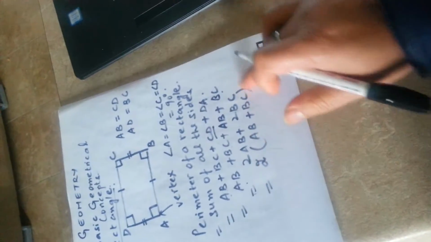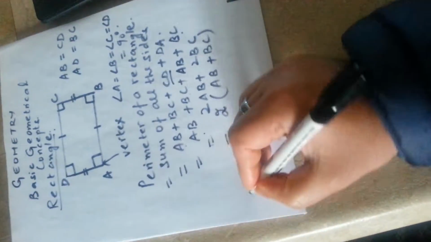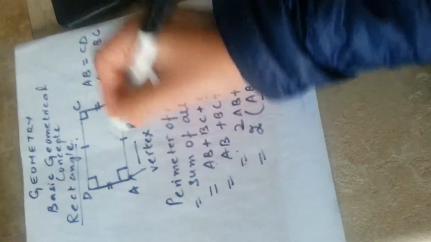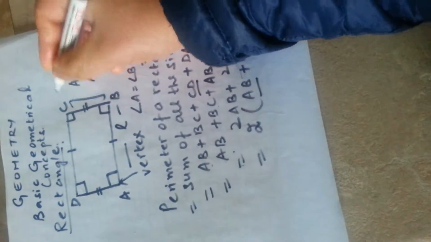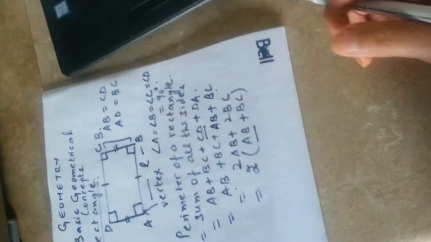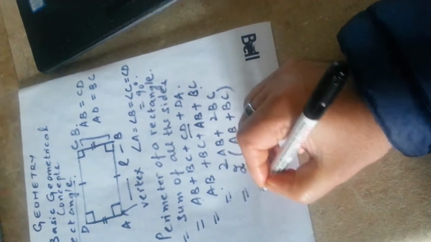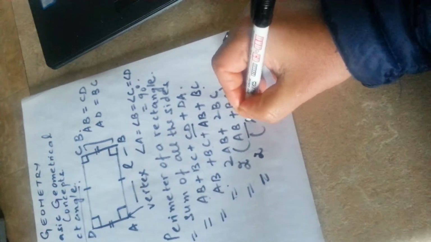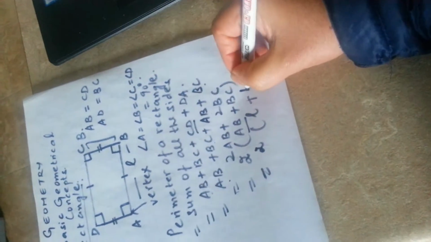So this is the derivation of the formula for a rectangle. Now we know AB is the length and BC is the width, or the breadth, of the rectangle. So I can write AB is length L and BC is breadth.